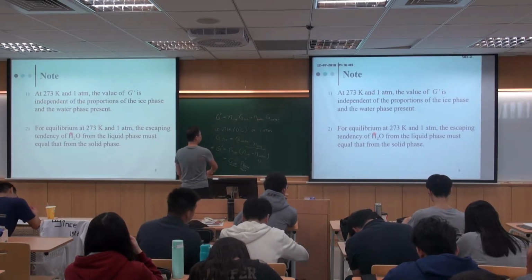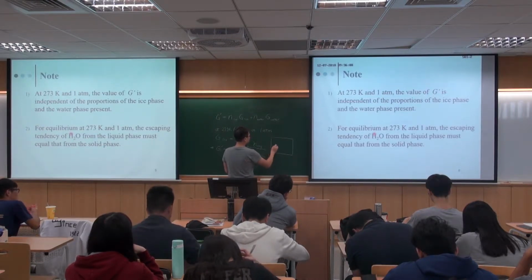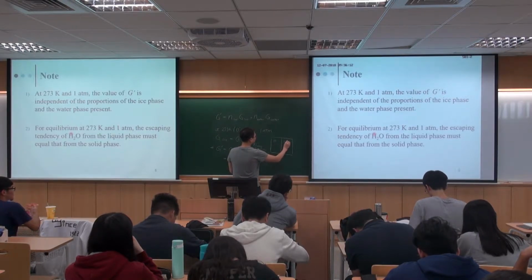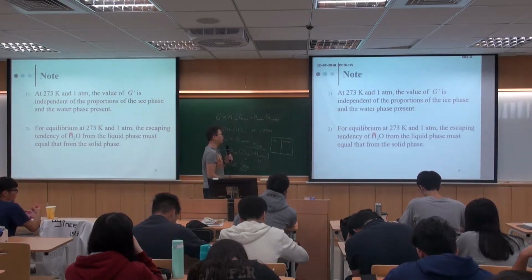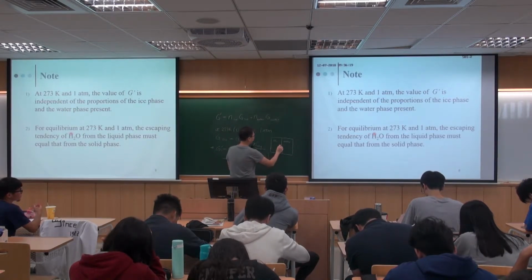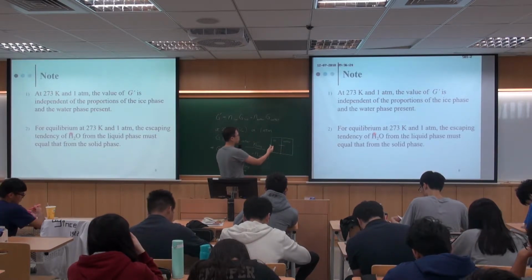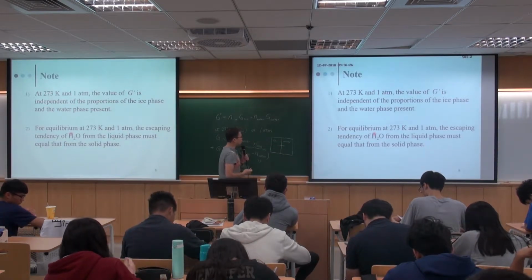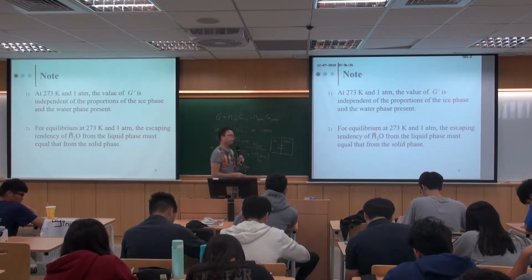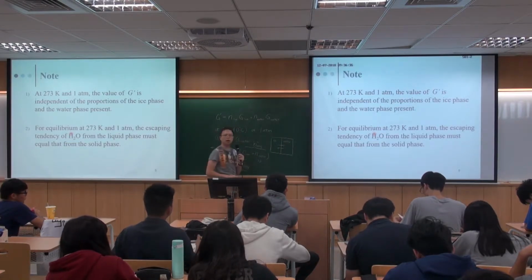So in this case, if you want to plot it schematically, we have ice, we have water, and the tendency of water molecules leaving the ice phase and going into the water phase should be the same as the tendency of water leaving the water phase and going into ice.